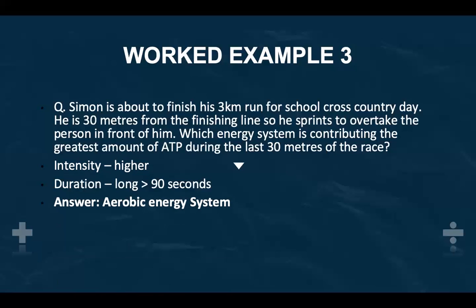However, if Simon ran 2.9 kilometers and had a cup of tea and had a chat with his friends and then just decided to sprint at the end, it might be a different story. He'd replenish his anaerobic and ATP PC systems, so they'd contribute more dominantly. But because cross country is continuous, that's why it's an aerobic energy system.